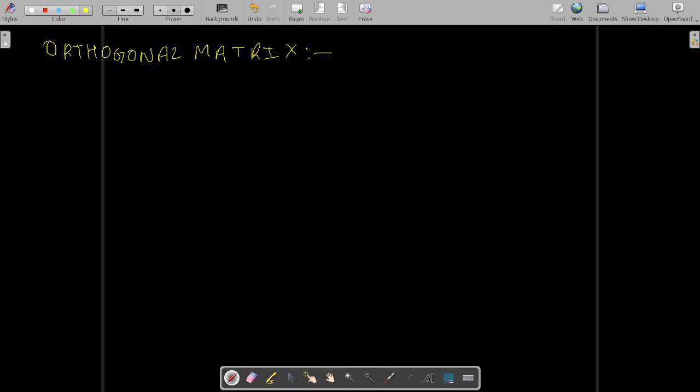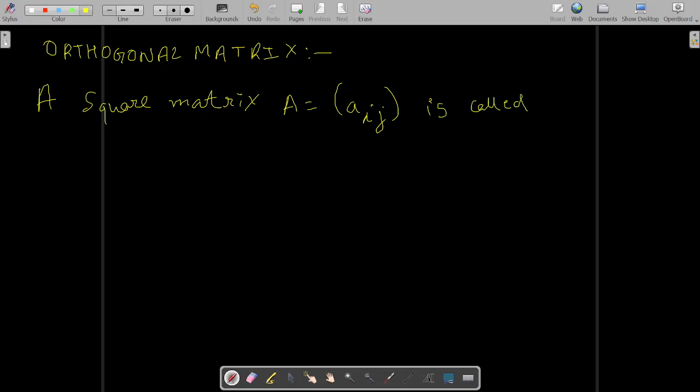So, a square matrix A equal to A_ij is called an orthogonal matrix if and only if.